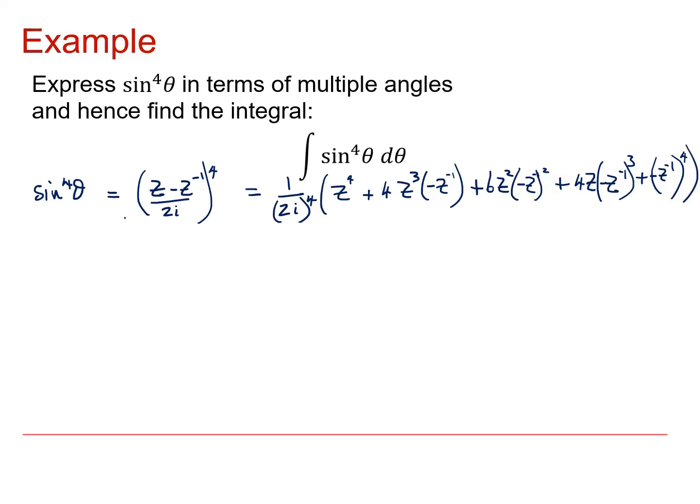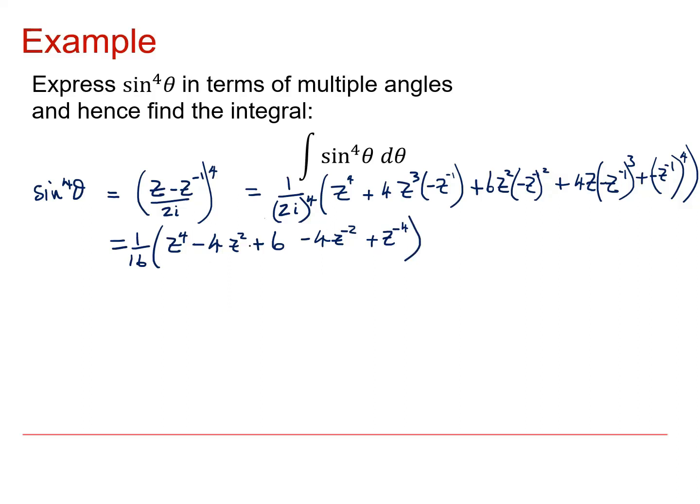And now if I just expand some of that, I'm going to get equals 1 over 16 times z to the 4 minus 4z squared plus 6 minus 4z to the minus 2 plus z to the minus 4.